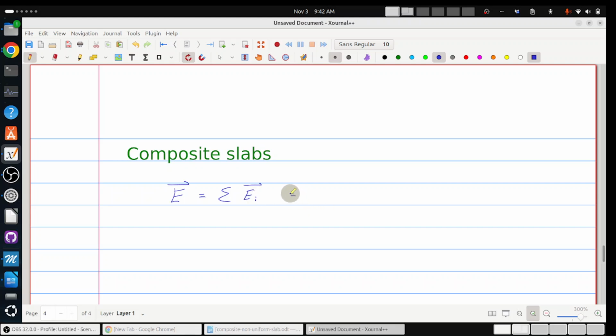And so if I have two slabs and I could figure out the electric field due to each slab, then the vector sum gives me the whole thing.